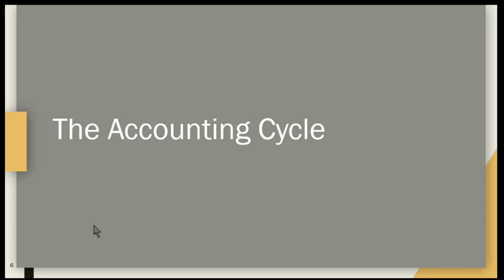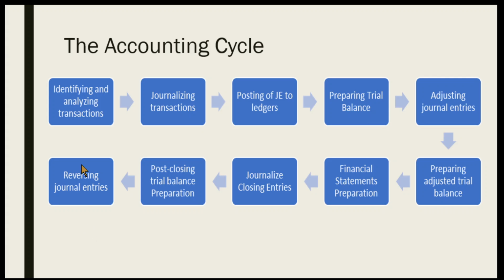As you all know, the accounting cycle involves 10 steps. We start from identifying the transactions, journalizing them, then posting them to ledgers, then preparing the trial balance. Now we prepare the adjusting entries, and then we can make the adjusted trial balance that will help us prepare the financial statements.